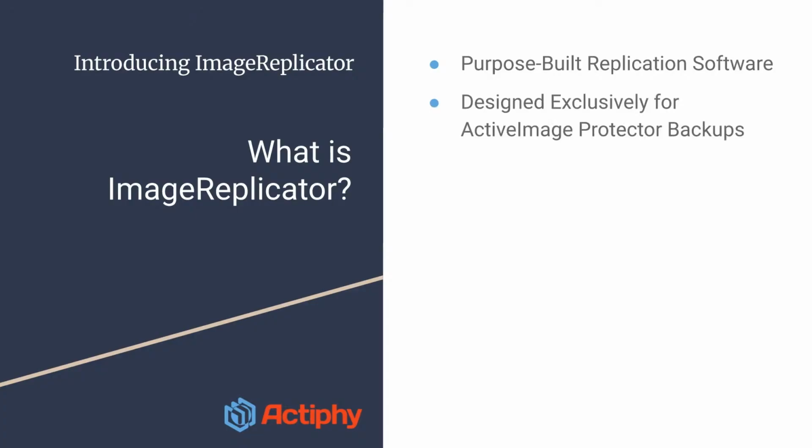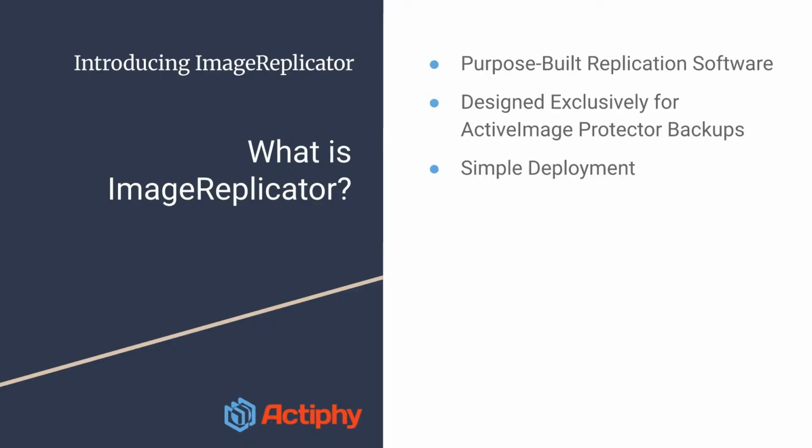Because ImageReplicator is designed for ActiveImage Protector backups, it understands their organization. Instead of copying individual files, it works with complete backup sets to intelligently replicate and manage data according to your configured options. This integration simplifies deployment and helps keep backups organized and consistent.